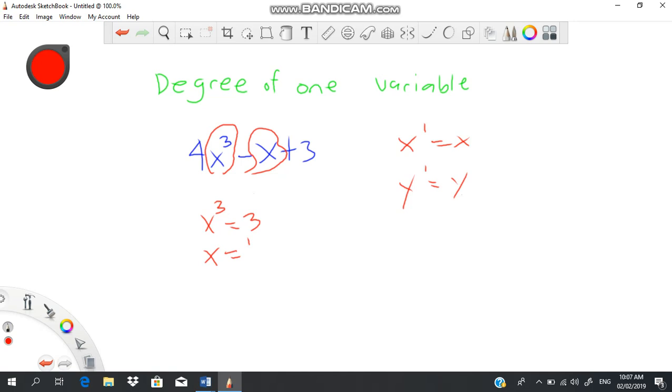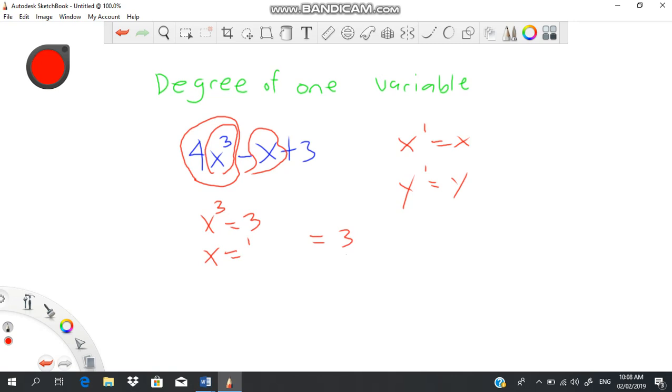Now in finding the degree of one variable, the degree is the term with the largest exponent. So this term is the one with the highest degree. And the highest degree here is 3. So it's a third degree polynomial.